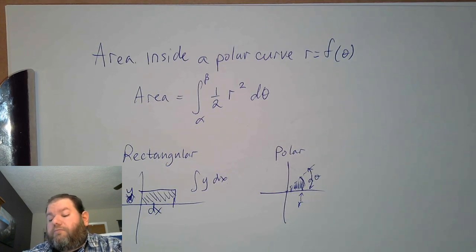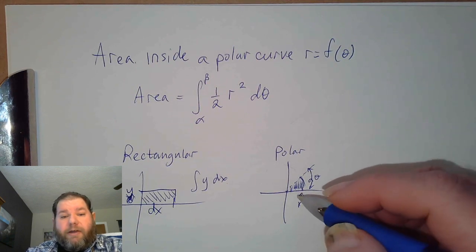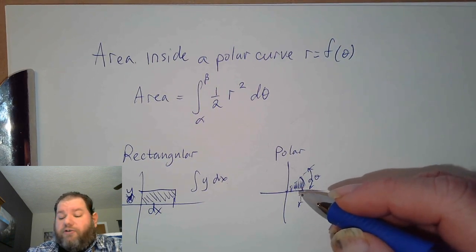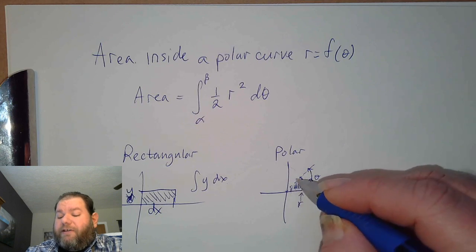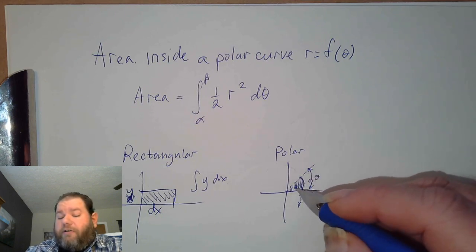Now, if we think of the area of a sector of a circle, it's like a slice of pie.